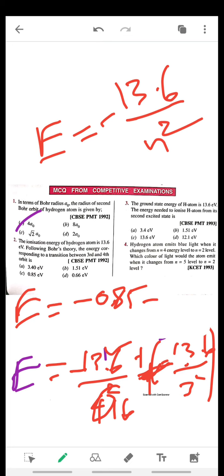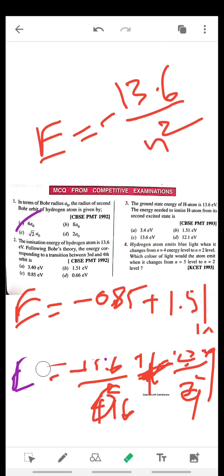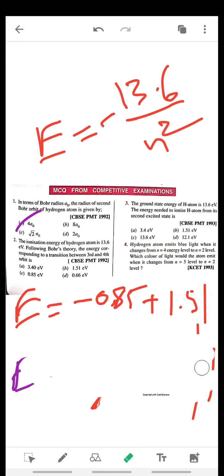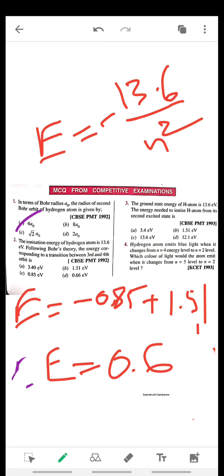Plus, because minus into minus is plus, 13.6 divided by 3 square. 3 square is 9. 13.6 divided by 9, this value is 1.51. So the final answer is E equals 0.66 electron volt. In the options the answer is D, 0.66 electron volt.